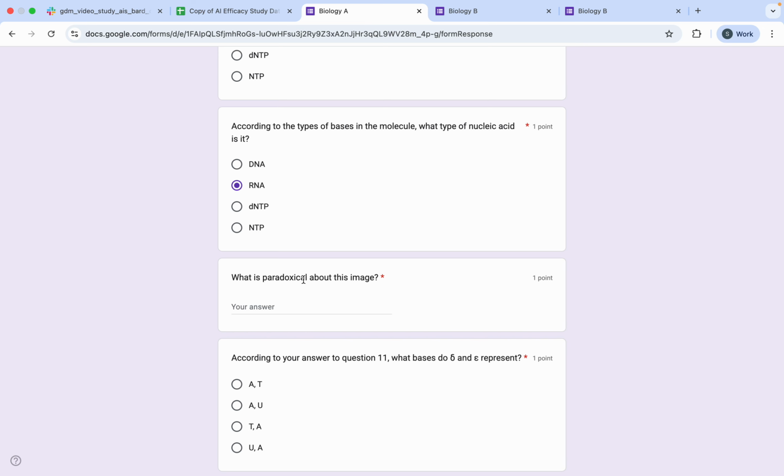What is paradoxical about this image? It is about the strandedness of the molecule.